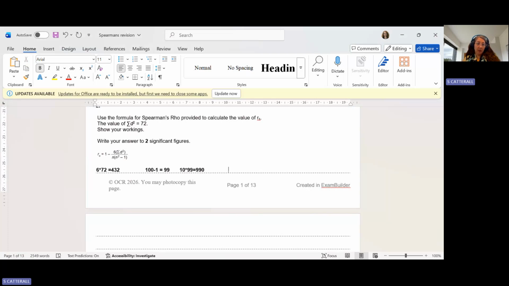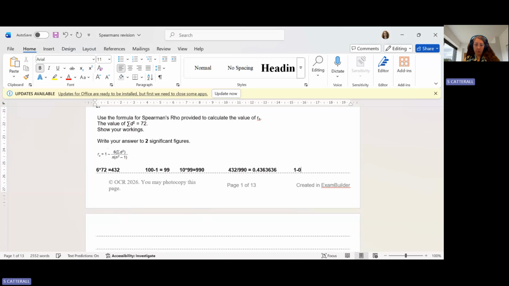So then in the calculator, you want to do the one that was on the top line. So we've got 432 divided by 990. This will get us 0.4363636. But then, oh sorry, we've got to do 1 minus this.